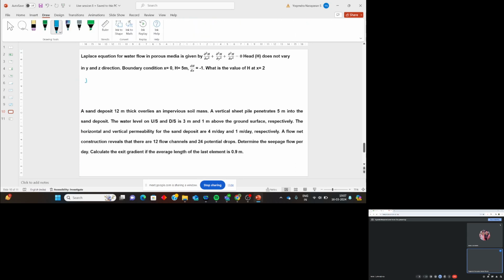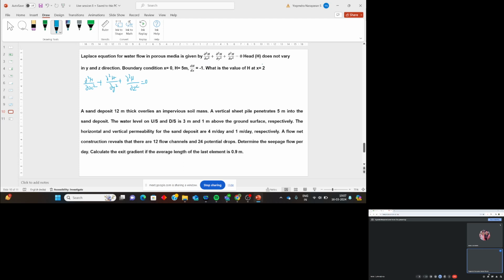So, what is the equation here? Dou square h by dou x square plus dou square h by dou y square plus dou square h by dou z square equal to 0.